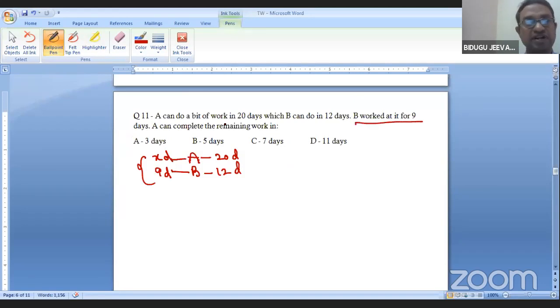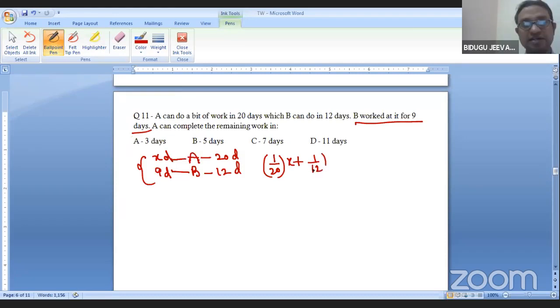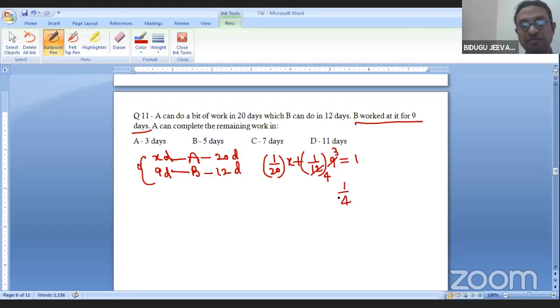B worked for 9 days. Is it clear, all of you? Yes, sir. Let me write. How to write the equation? Come on, tell me. 1 by 20 into x plus 1 by 12 into 9. So one work is equal to completed. 1. 3 by 4. Send this side. It will become 1 minus 3 by 4, which is 1 by 4.